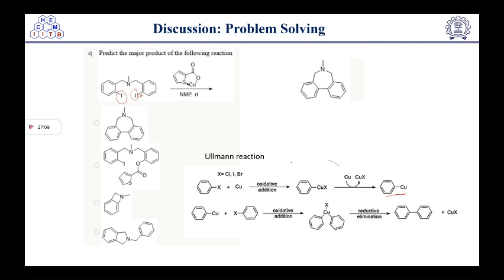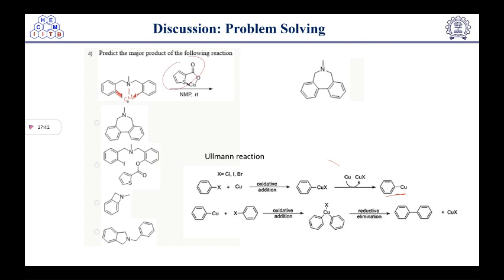Then in the next step, the other haloalkane group will further undergo oxidative addition with this copper. Now on the same copper atom we have two groups, right? Copper is in between, with this group on one side and this whole group on the other.